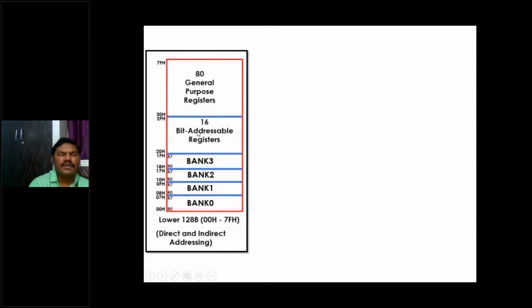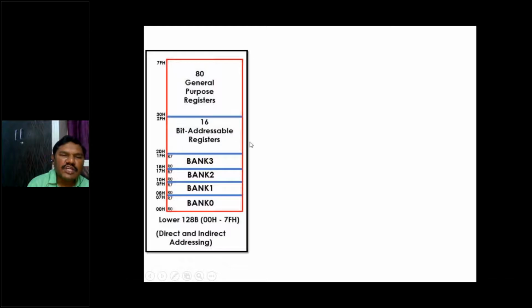Here it is bit addressable. This is also one of the main features of 8051. Right, it has 16 bit addressable registers, that is 0 to F. So here I can write 20.0, 20.1, 20.2, like that.